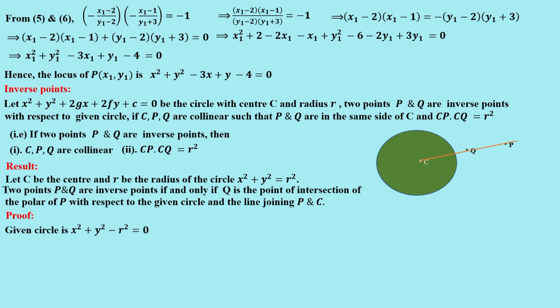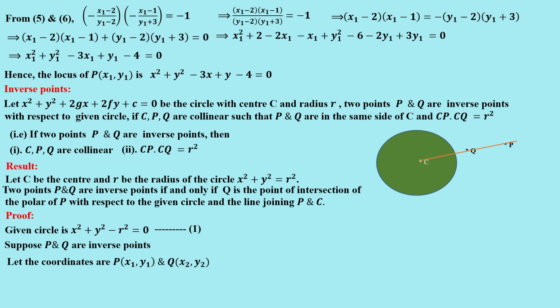We'll see the proof. The given circle is x square plus y square equal to R square. Suppose P and Q are inverse points. Let the coordinates be P (x1, y1) and Q (x2, y2). Since P and Q are inverse points, first C, P, Q are collinear, and CP into CQ is equal to R square.